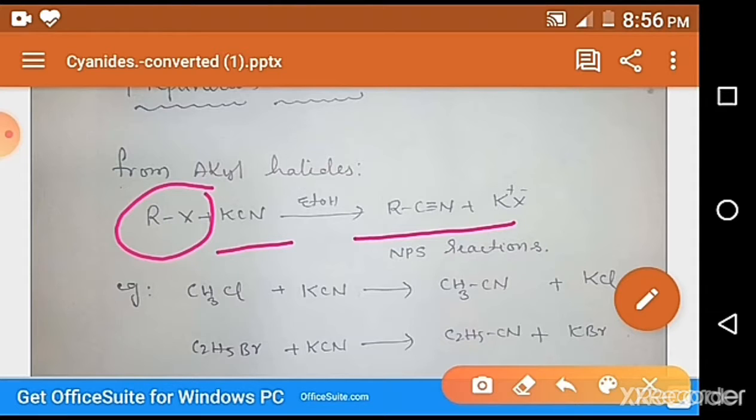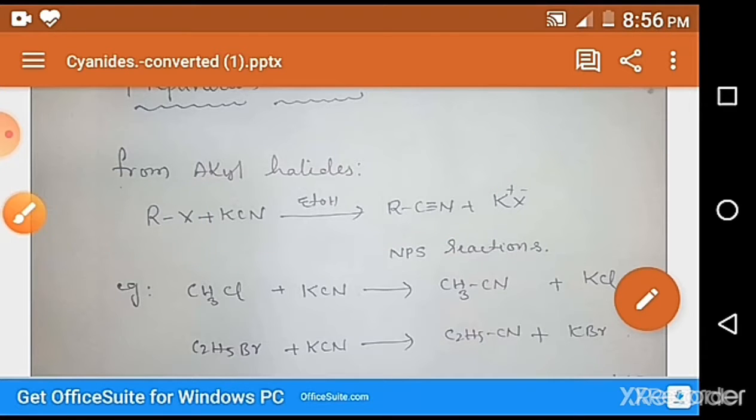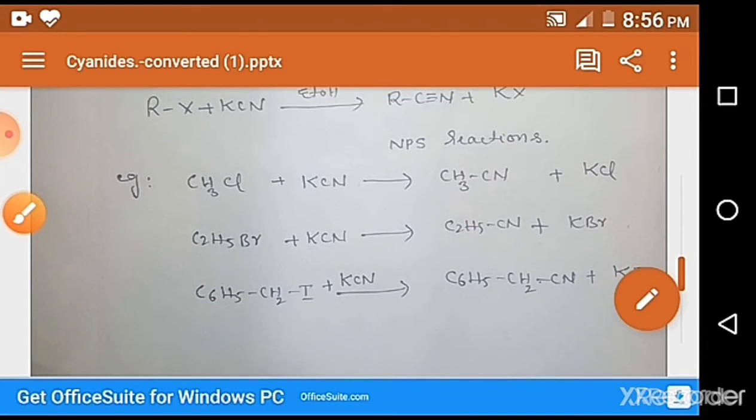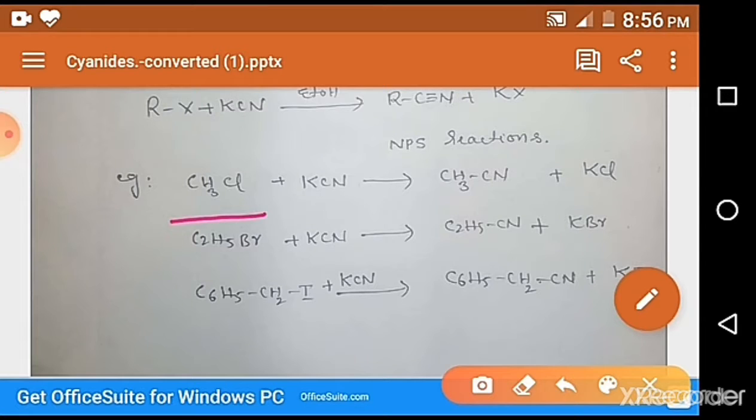They give the corresponding cyanides. For example, this is methyl chloride, chloromethane. When this methyl chloride reacts with potassium cyanide, it gives methyl cyanide or acetonitrile.